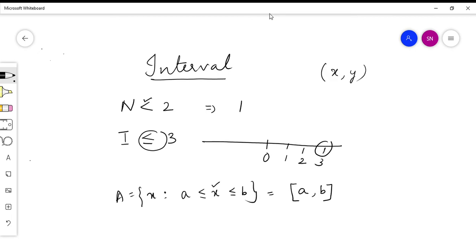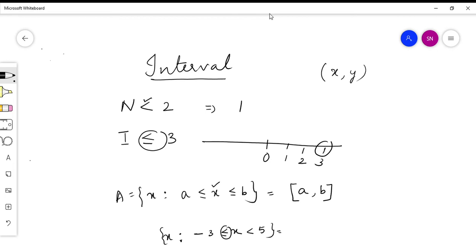So for example, if I have to write the set of all x such that minus 3 is less than or equal to x, less than 5, this is the set given to me. What is the range of numbers? Here the value of x will include minus 3.